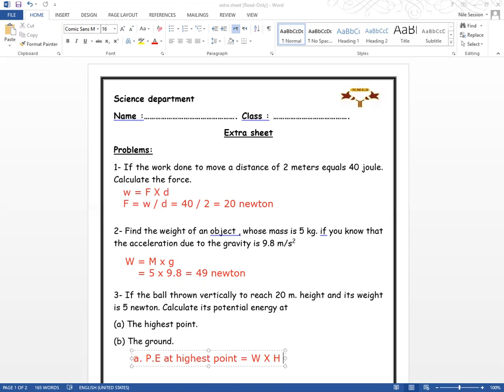Okay? So the weight is 5 and height is 20, the highest point.